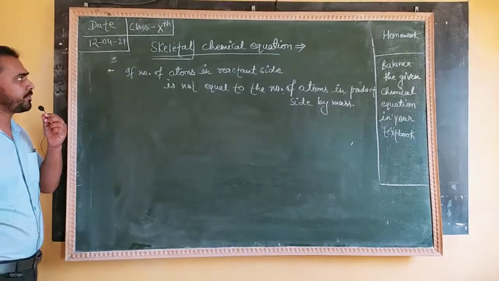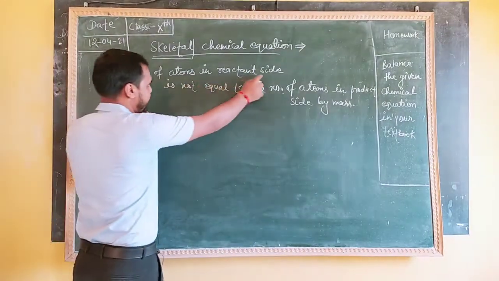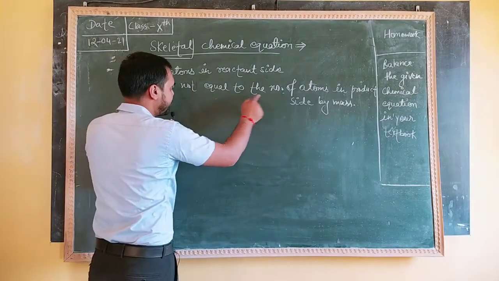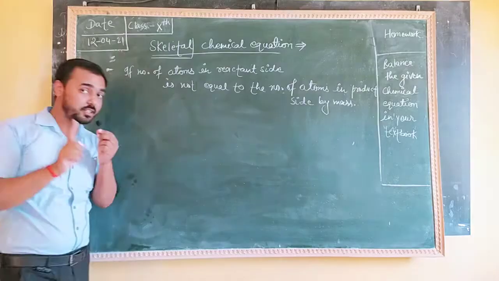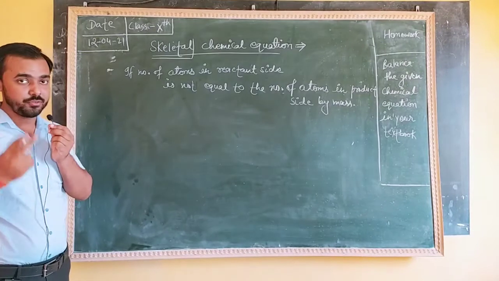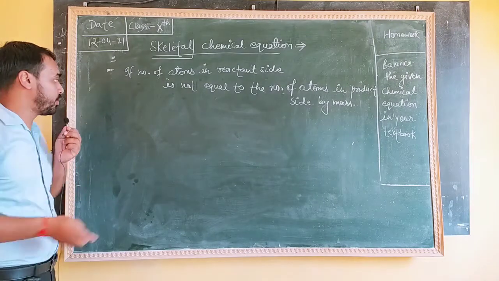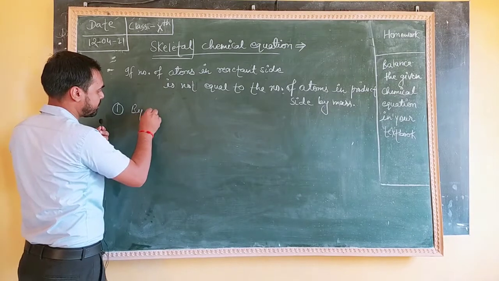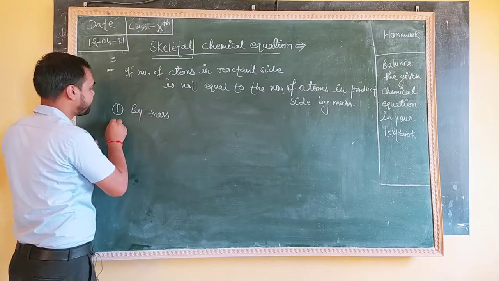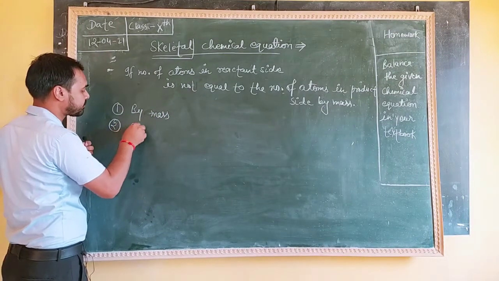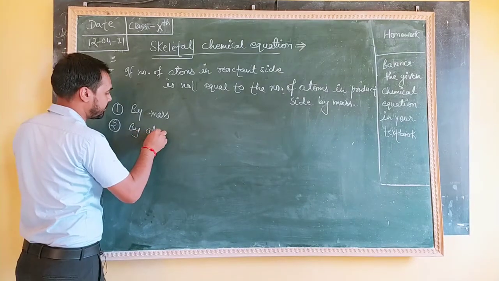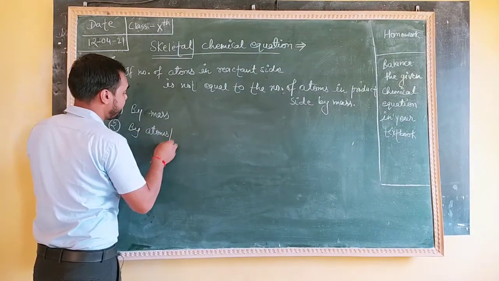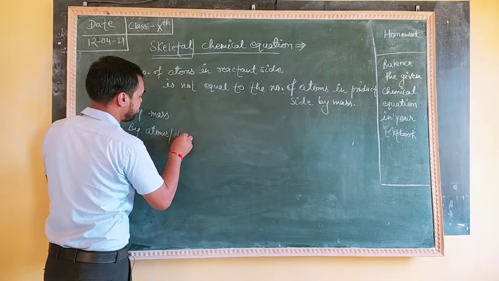I repeat, listen. If the number of atoms in reactant site is not equal to the number of atoms in product site, but you have to take it by mass, we can take differences in two ways. First, either we can take it by mass, or second, by atoms, or simply we can say the number of elements.